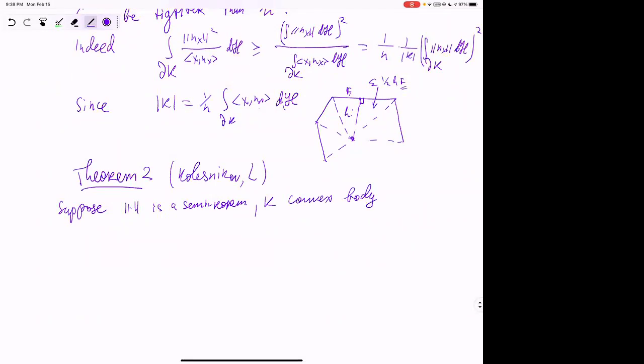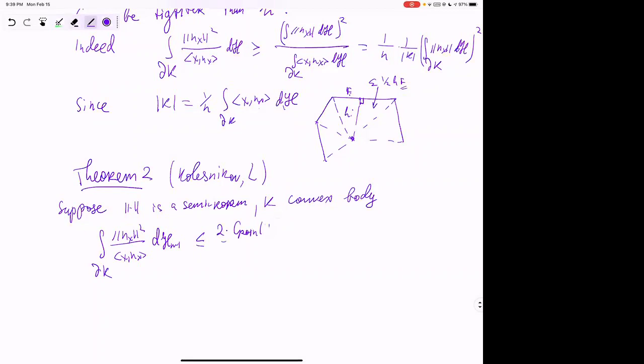Then we can always estimate again this right-hand side from above, and here I can put 2 times the Poincare constant.